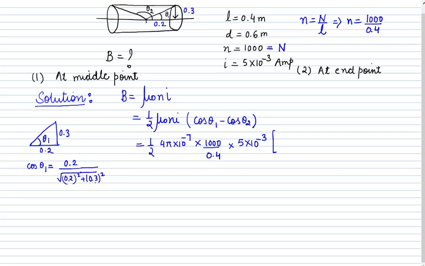So you can simplify this. And similarly, for cos theta 2, it will be minus of 0.2 upon under root of 0.2 square plus 0.3 square, that's the under root of 0.13, because this is also 0.2 upon under root of 0.13.